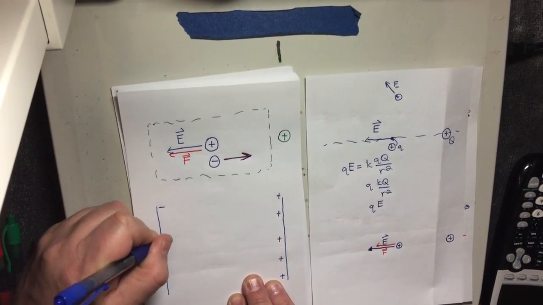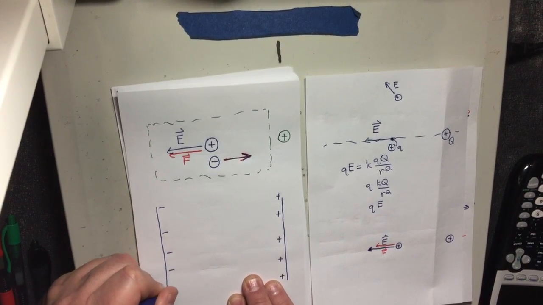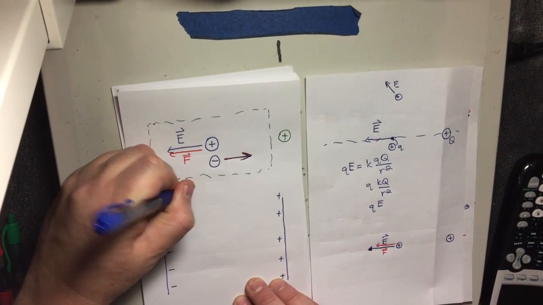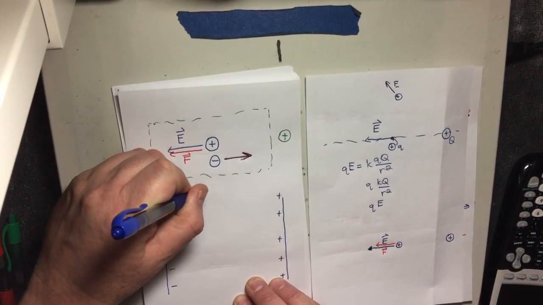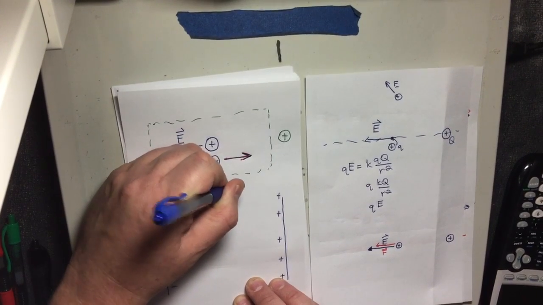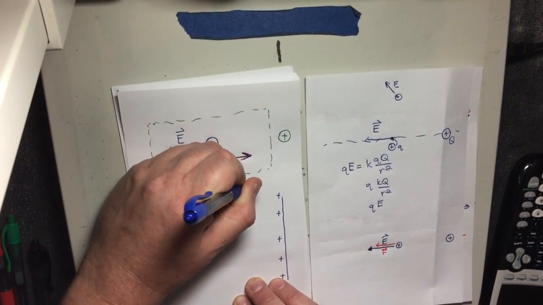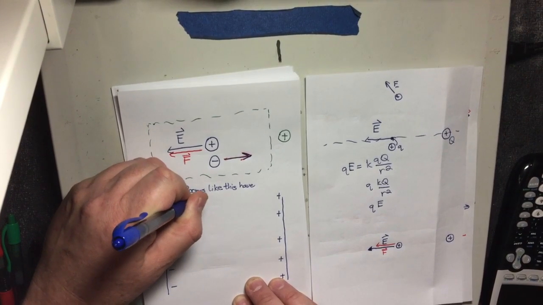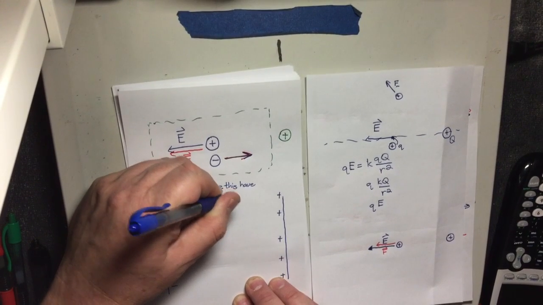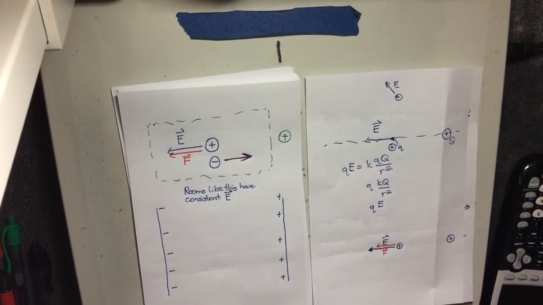What I'm doing is drawing a representation of a room where on one side it's positive, on the other side it's negative. Rooms like this have consistent E-field vectors.